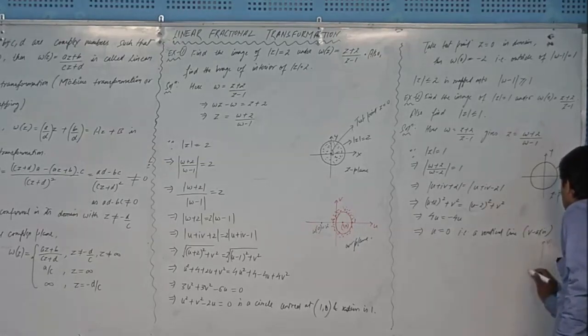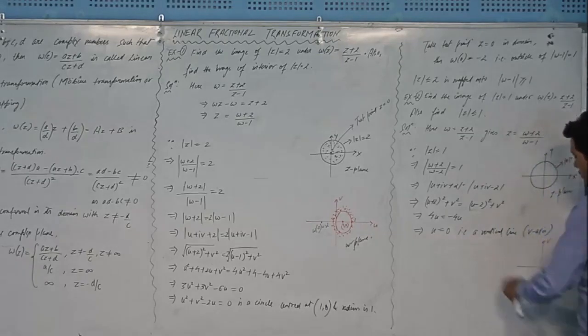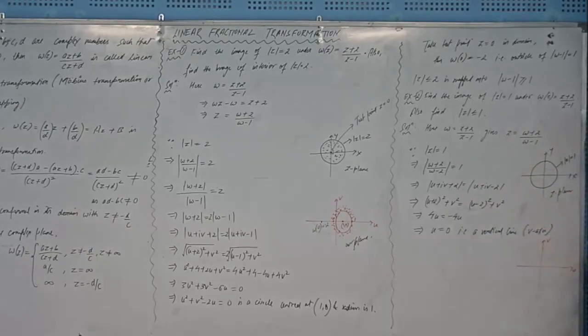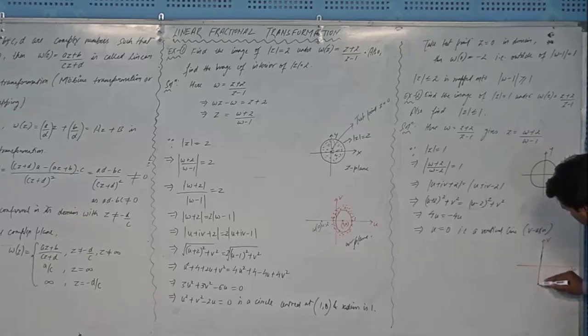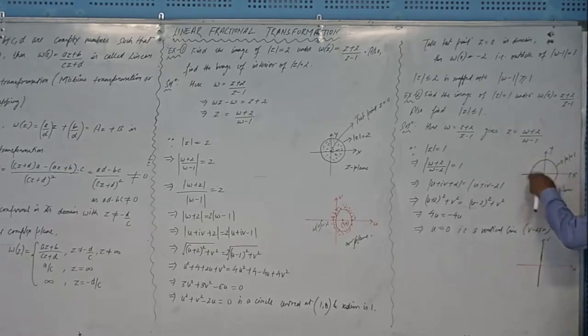This is your v axis, u axis, right? And the image is actually u is equal to 0, and u is equal to 0 is this axis. So I will draw that with my black marker, right? Okay. So this is the image, the boundary of the circle. It means the circle is mapped to this line, right?